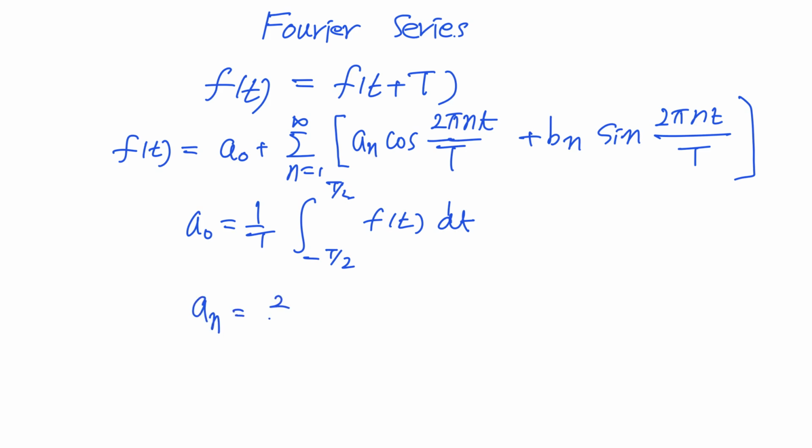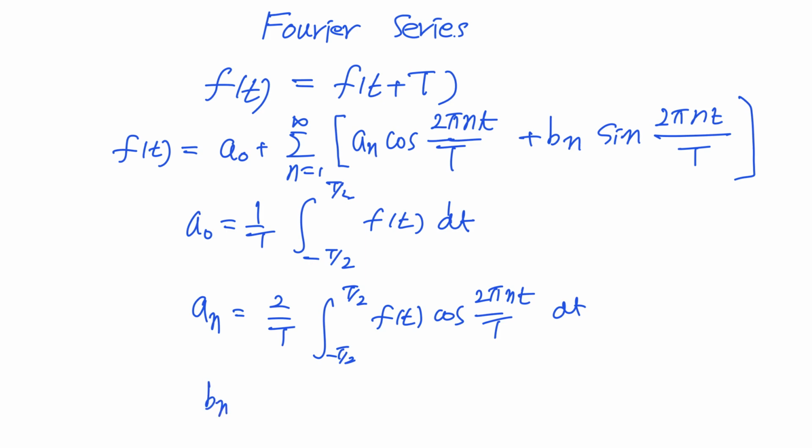An is 2 over T, integral of f(t) cosine 2 pi n t over T dt. Bn is 2 over T, integral of f(t) sine 2 pi n t over T dt.